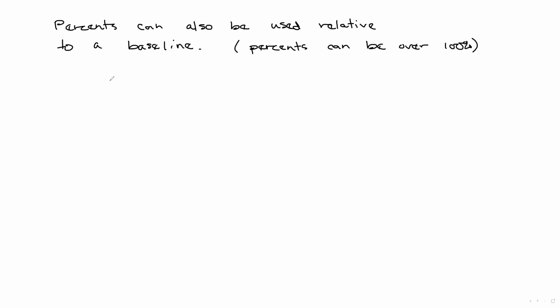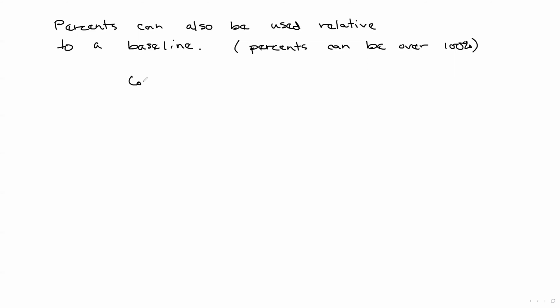But if you think of the whole instead as a baseline, like an initial starting point, then you can end up with a number that is bigger than the baseline, which would be over 100%.